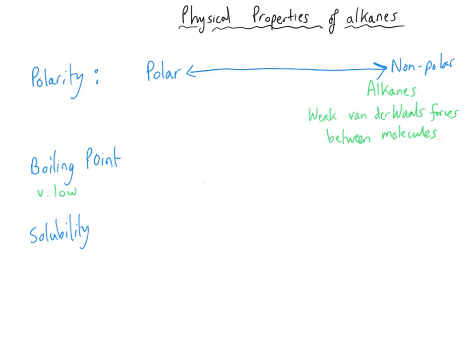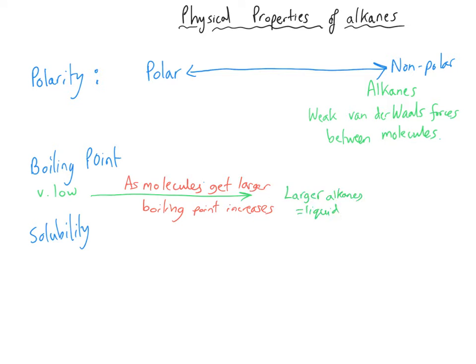And so the boiling points are very low, but they do increase. And so as the molecule increases in size, the boiling point increases. And so the larger alkanes are liquids, and then the very large would be solids.